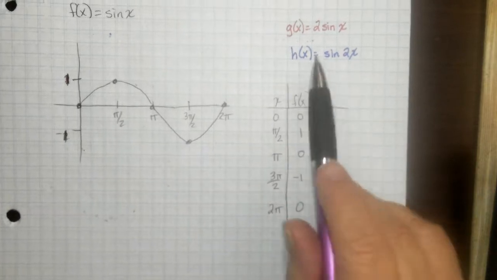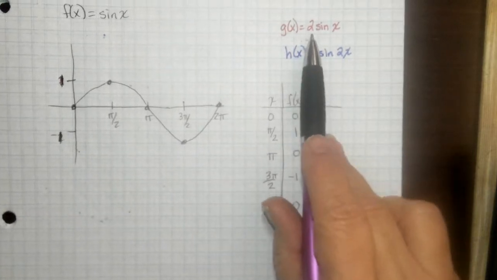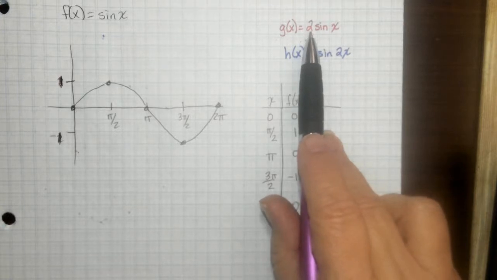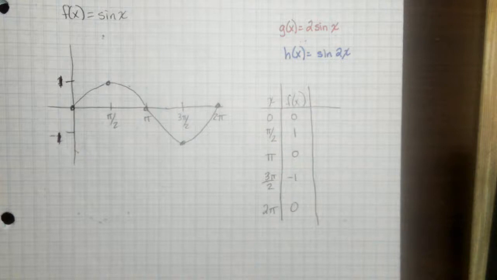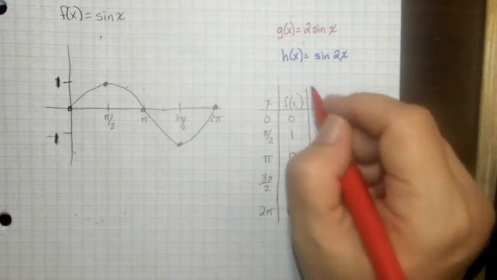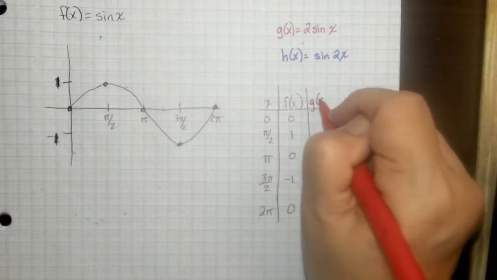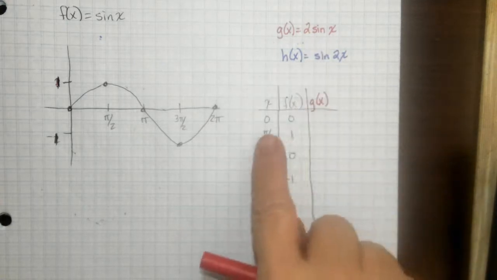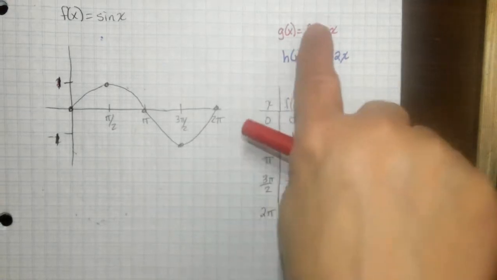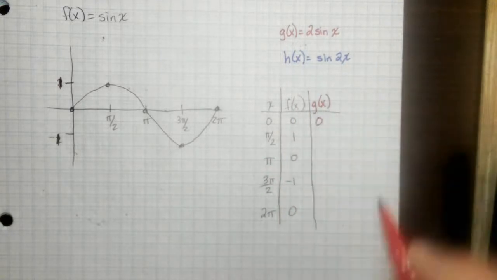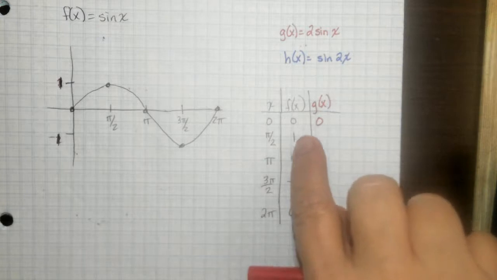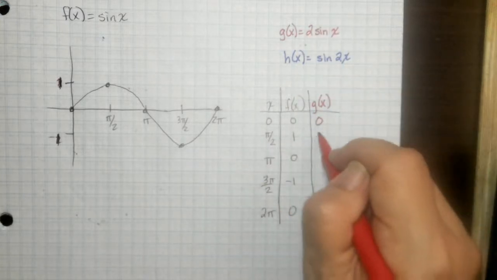All right. So this 2, according to what we know, should cause a vertical stretch. So I'm going to go into my table and put g of x. This means plug in. Sine of 0 is 0, and 0 times 2 is still 0. Sine of pi over 2 is 1, and 1 times 2 is 2.